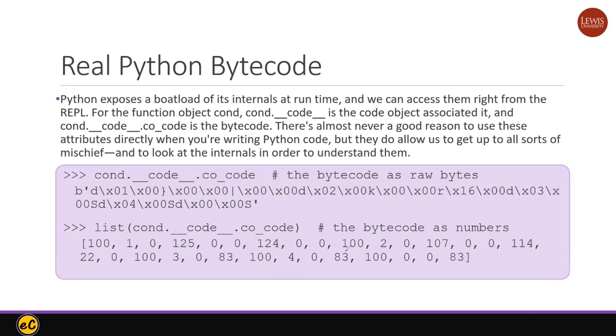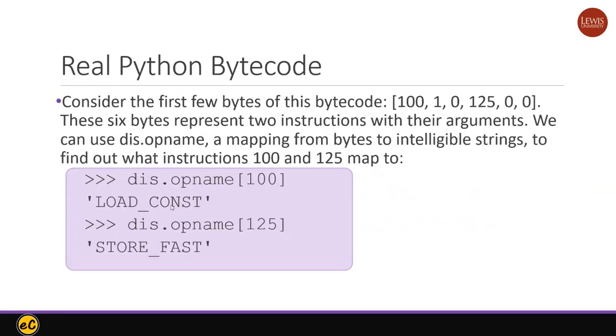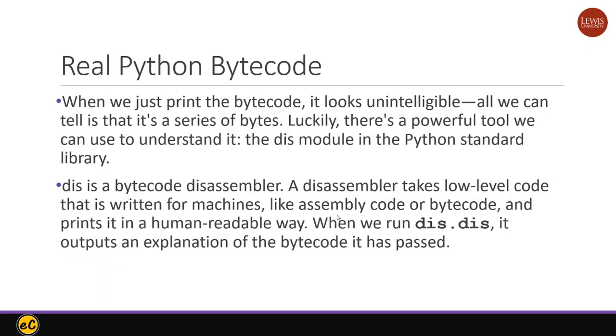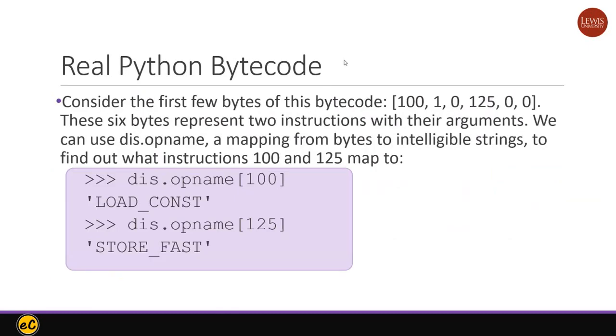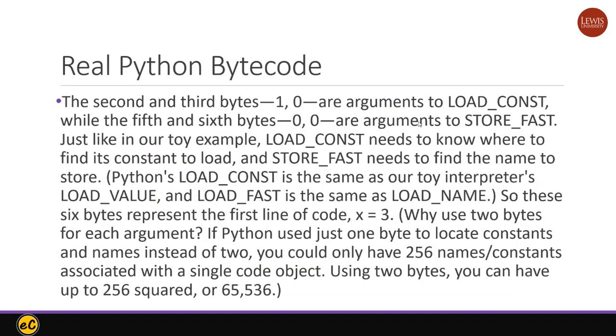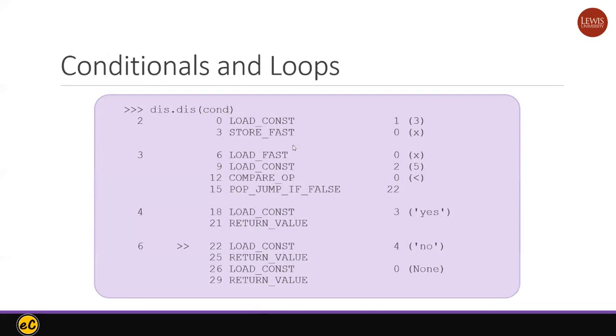This 100 is an operand, and the operand's name is actually called load constant, okay? And there is 125 in there. This 125 is another operand that is store fast, okay? So they are different: load fast, store fast. These are the assembly-like language, okay?